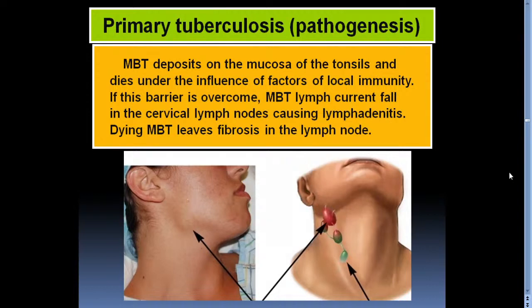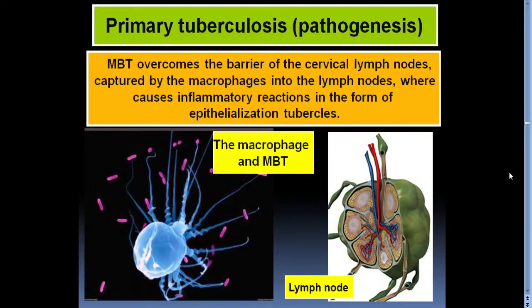Dying Mycobacterium tuberculosis leaves fibrosis in the lymph node. If Mycobacterium tuberculosis overcomes the barrier of the cervical lymph nodes, it is captured by macrophages in the lymph nodes, where it causes inflammatory reactions in the form of epithelioid tubercles. On this photo you can see the macrophage and Mycobacterium tuberculosis.